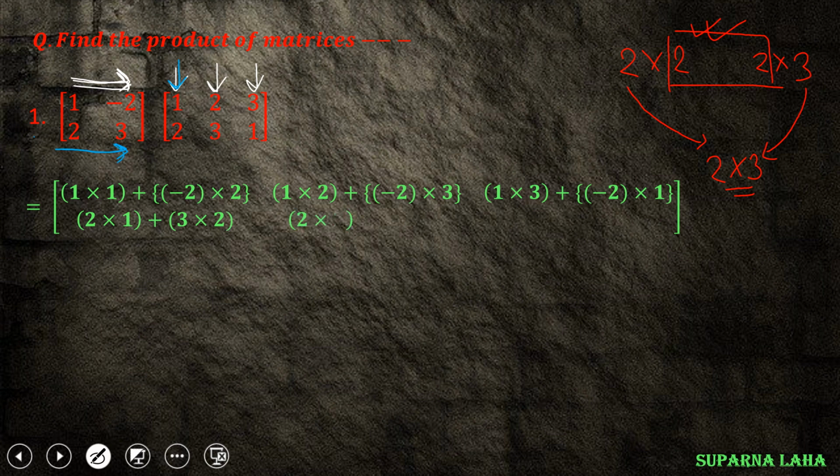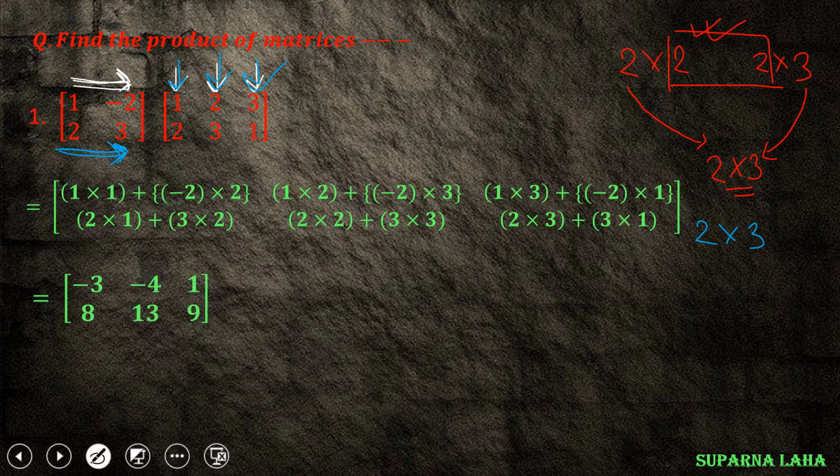Second row, second column: 2 into 2 plus 3 into 3. Second row, third column: 2 into 3 plus 3 into 1. So this is a 2 by 3 matrix, and simplifying these values, you will find the matrix is given by minus 3, minus 4, 3, 8, 13, 9.